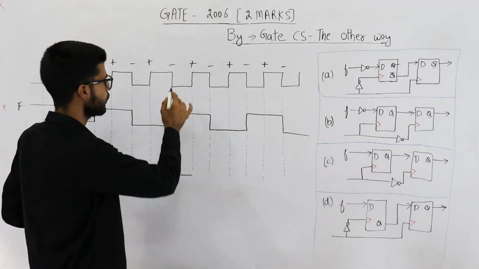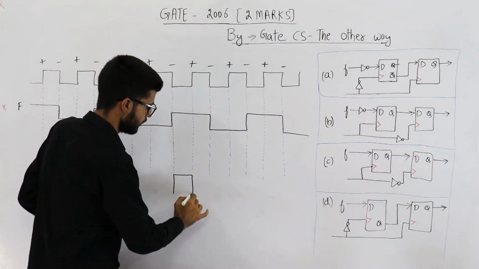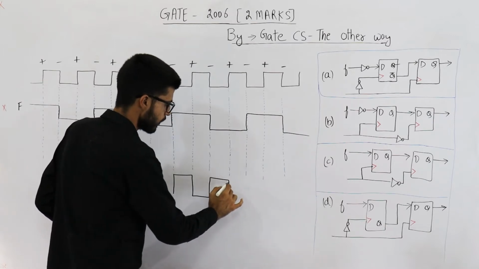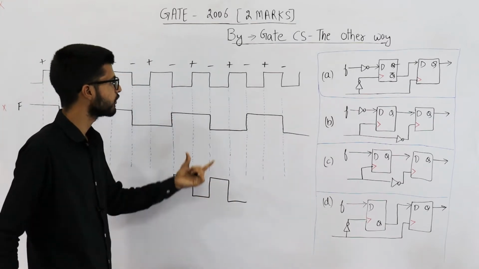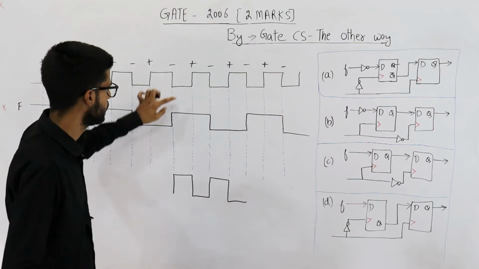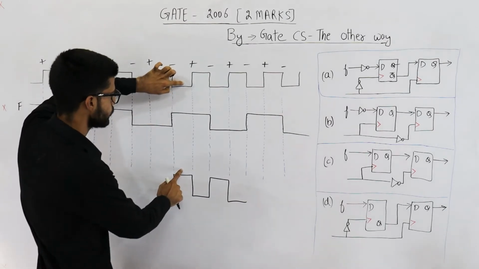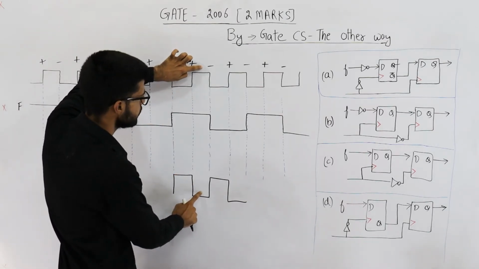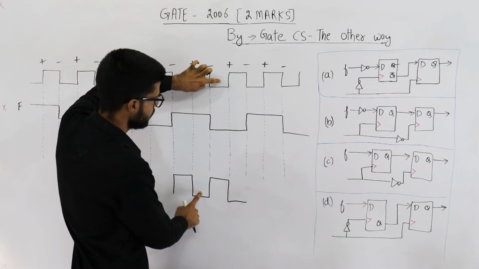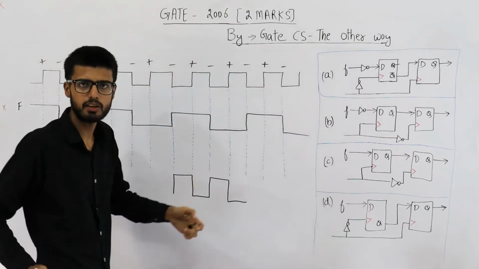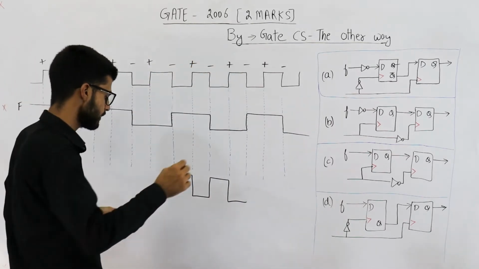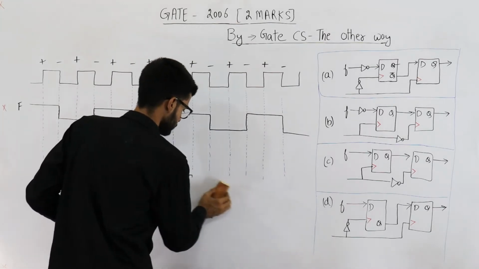So we have a 0 here, this wave has 1 here. Then next one 0, then 1, then 0. So this is phase shift of 180 degree. See, it is 0, it is 1. Now this one is 1, but this is 0. This is 0, this is 1. So completely opposite. Now let's discuss this question.